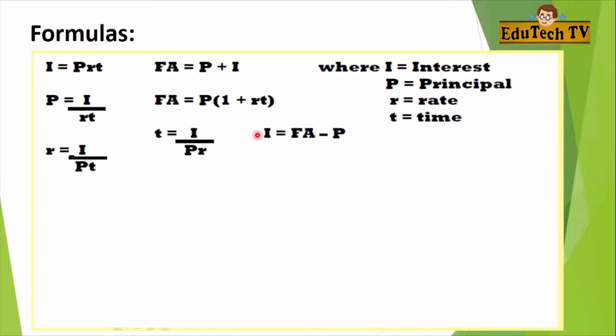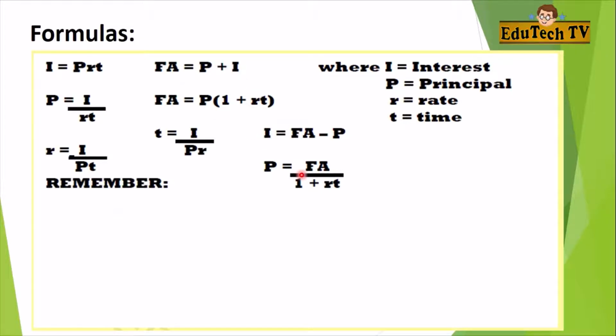Now, for the interest using the final amount, you just have to subtract P from the final amount. Then for the principal using the final amount, we have the final amount all over 1 plus RT. So it's just a matter of doing some algebraic methods here to find each term.